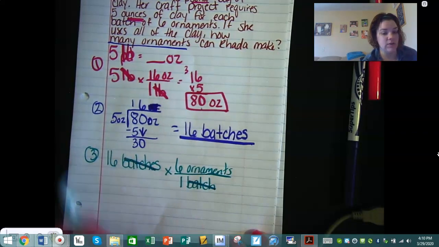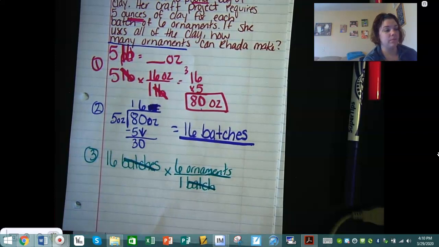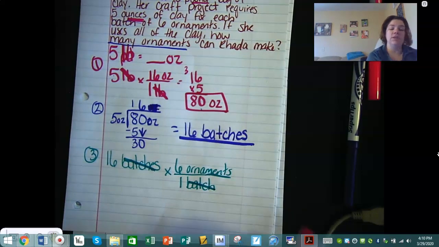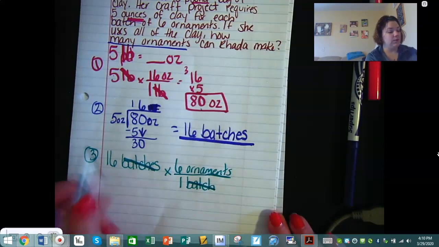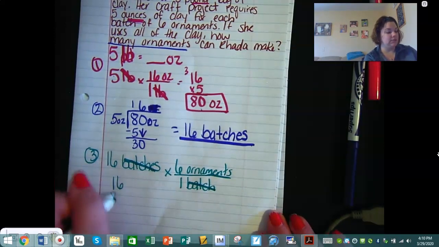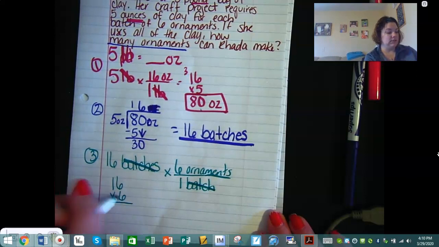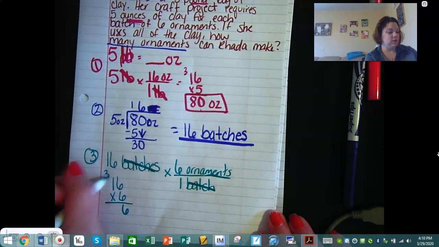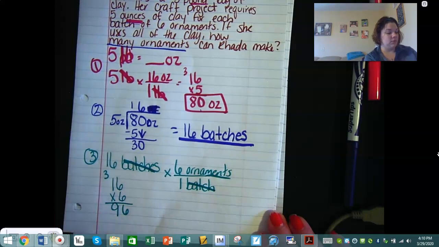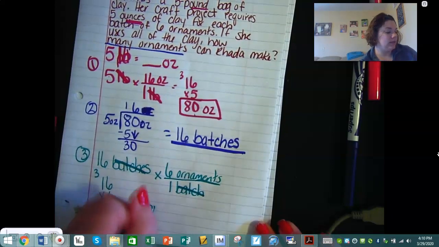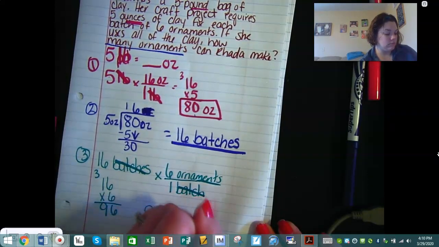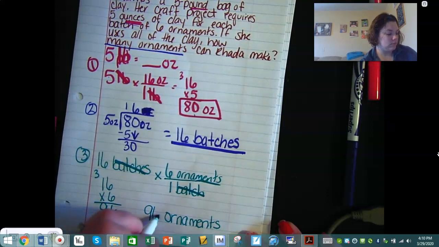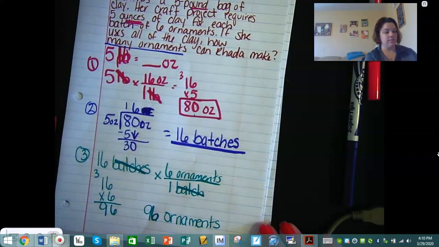So the batches, just like we've been doing all week, this is just converting from a batch to a single ornament, okay? So we need to multiply 16 times 6. 6 times 6 is 36. 6 times 1 is 6, plus 3 is 9. So we can make 96 ornaments. Okay?